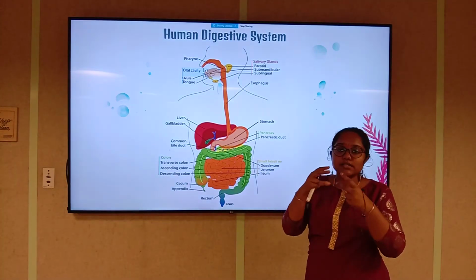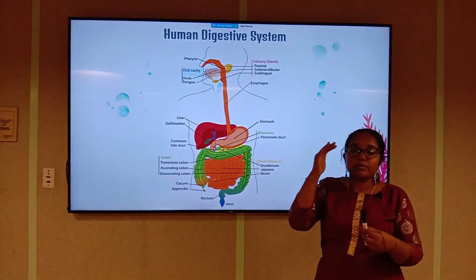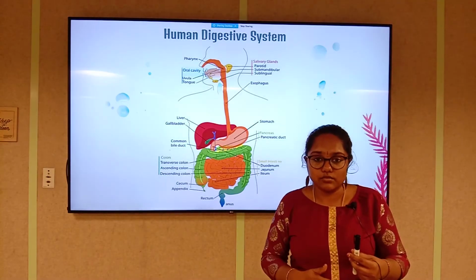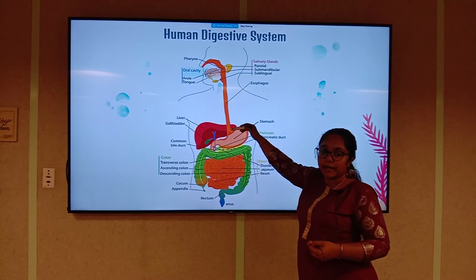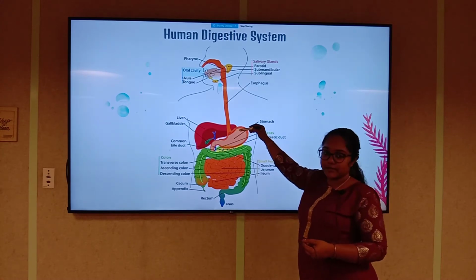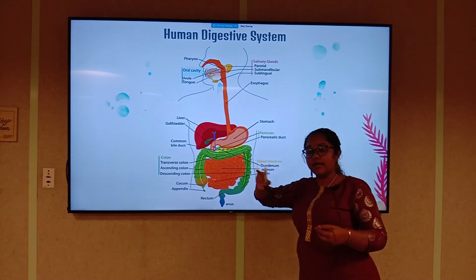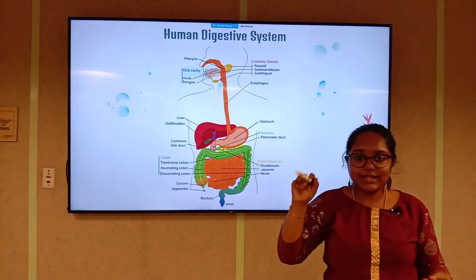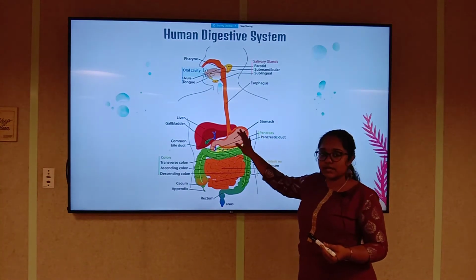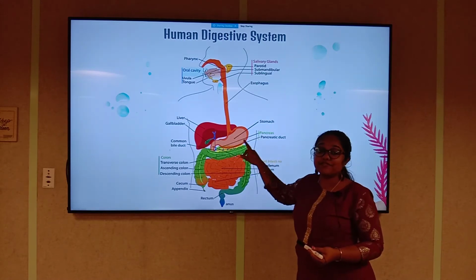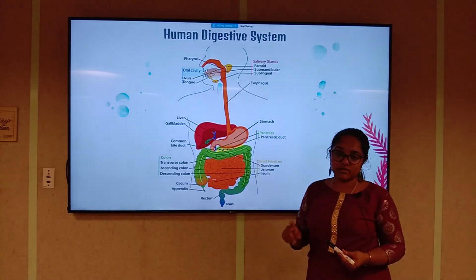When it contracts and relaxes repeatedly, it pushes the food further down. Clear? Now, the bolus is passing through this food pipe and entering the stomach. Now, stomach, everybody says it is in the shape of a letter J. It is not accurately like that, but for a normal understanding that will do. Now, the stomach is a very highly muscular organ.